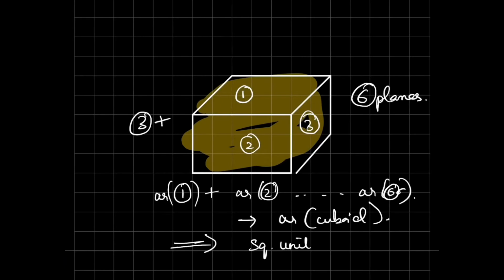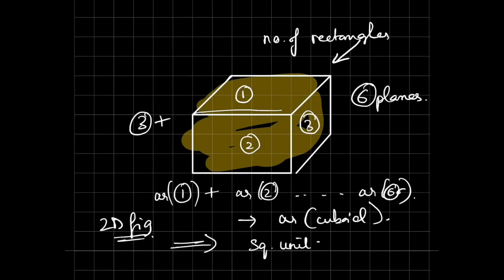It is the sum of all the 2D figures. Number of these rectangles which were required to form this cuboid, and the area of each of the rectangle added will give me the area of the surface of the cuboid.